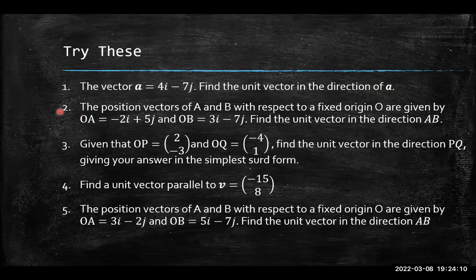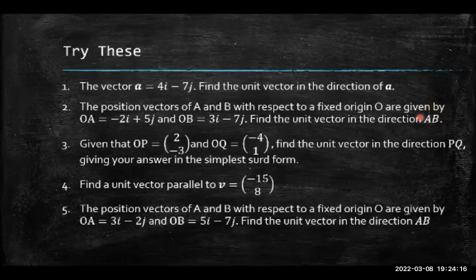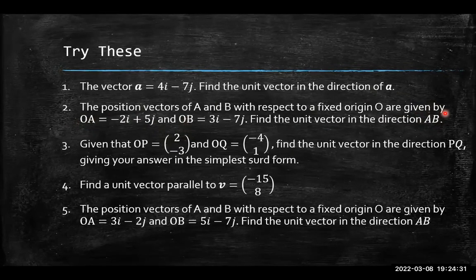But notice, in this question, they asked me for the unit vector in the direction of AB, not in the direction of OA, and not in the direction of OB, in the direction of AB. So what does that mean? That means I actually have to find the vector AB and then use that vector to find the magnitude, and then I could find the unit vector by substituting all that into my formula. Do you understand that?